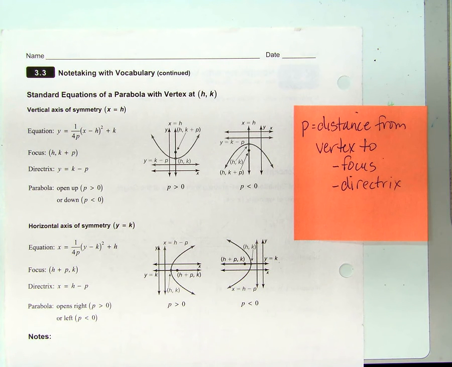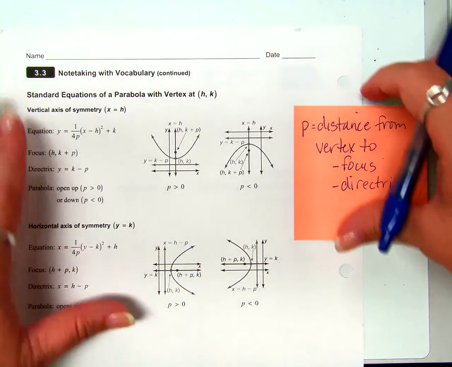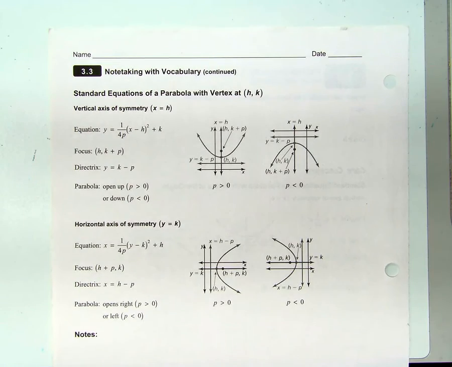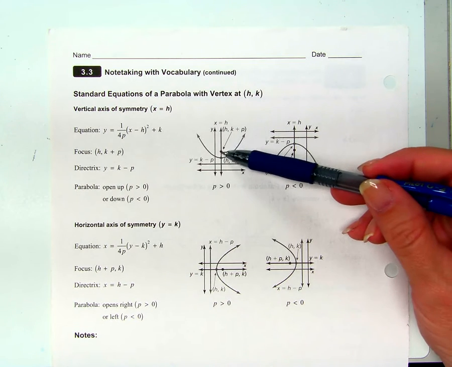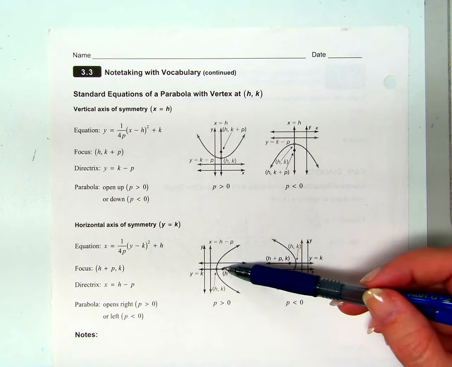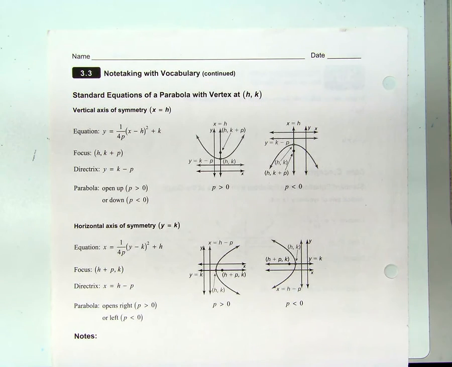Okay? Any questions? Now, talk with me in general real quick. Look at all 4 of these graphs. Look at the focus. It's right here. It's right here. It's right here. And it's right here. Where's the focus in relation to the parabola?